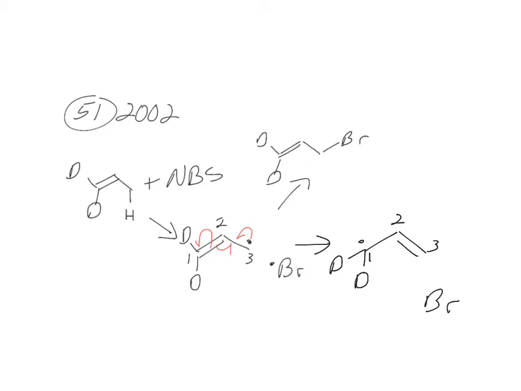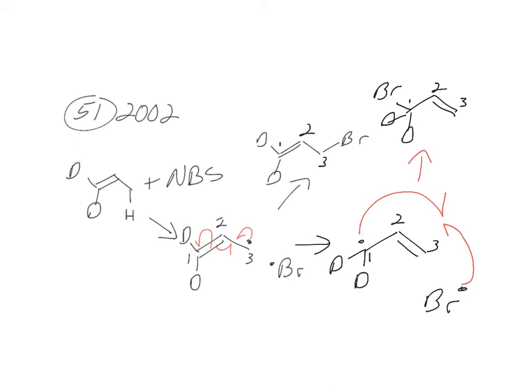Br dot is still floating around, so those two things come together. So you could also get the original product I have drawn, plus the bromine could also be on carbon 1. So those would be the two products that are possible in this case.